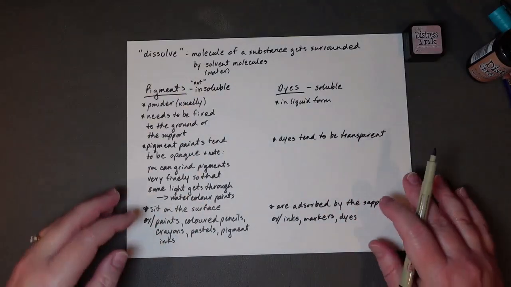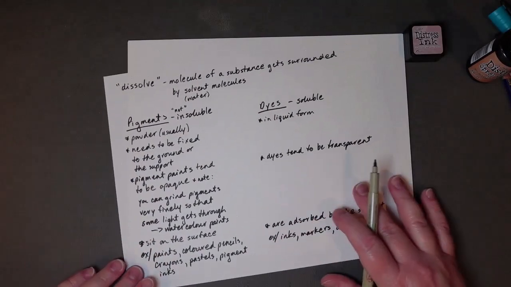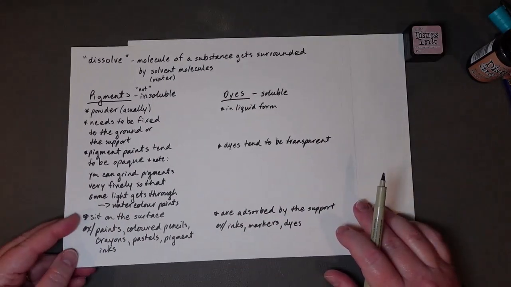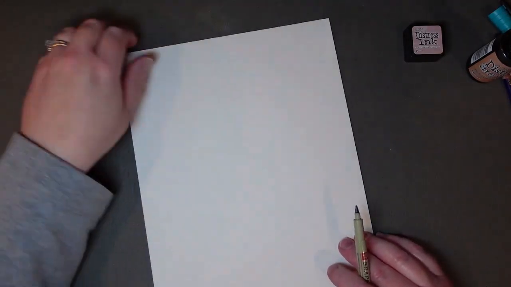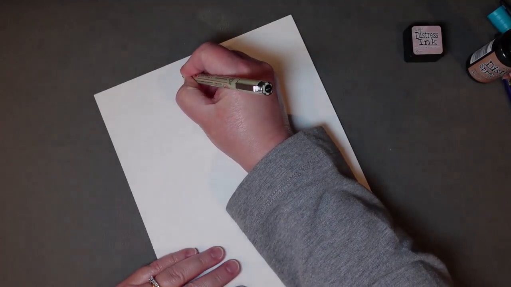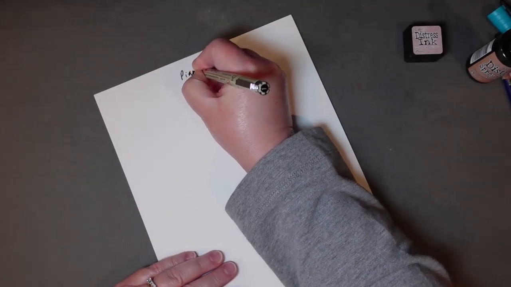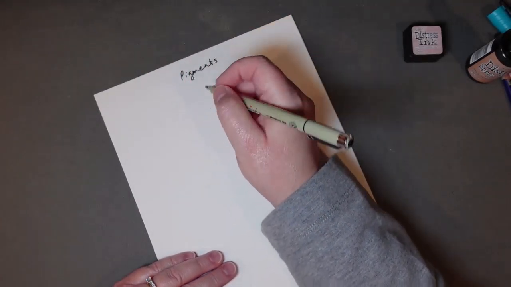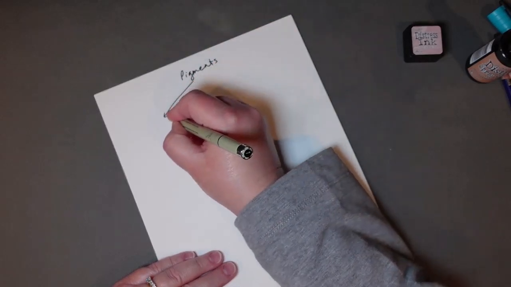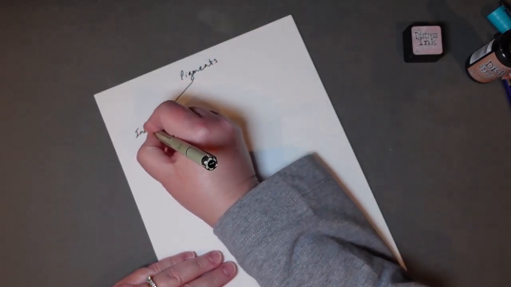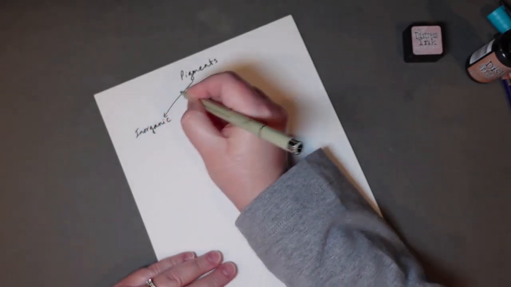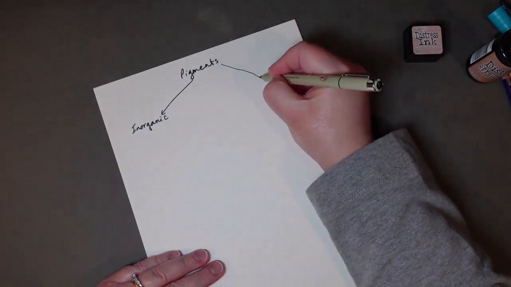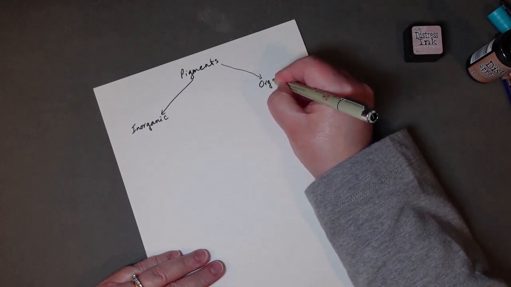That's because, as well as talking about pigments versus dyes, we need to talk about pigments and whether they are inorganic, I'll talk about what that means in a sec, or organic.